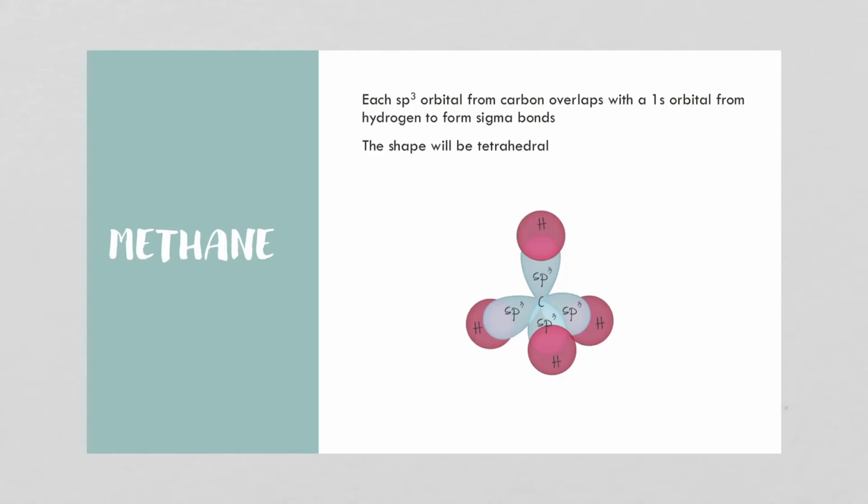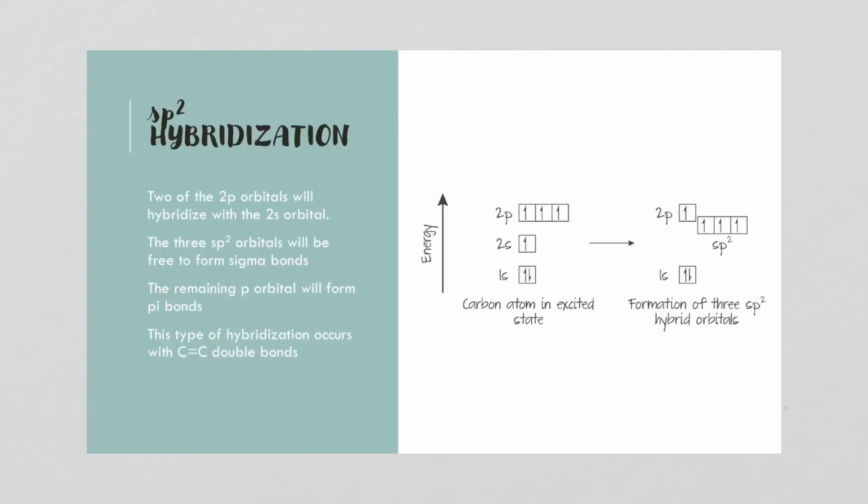Each of the sp3 orbitals from carbon will overlap with a 1s orbital from hydrogen to form sigma bonds, and the shape of the molecule will be tetrahedral. So here's the hydrogen sigma bond overlapping with the sp3 hybrid orbitals, like so. So that's methane.